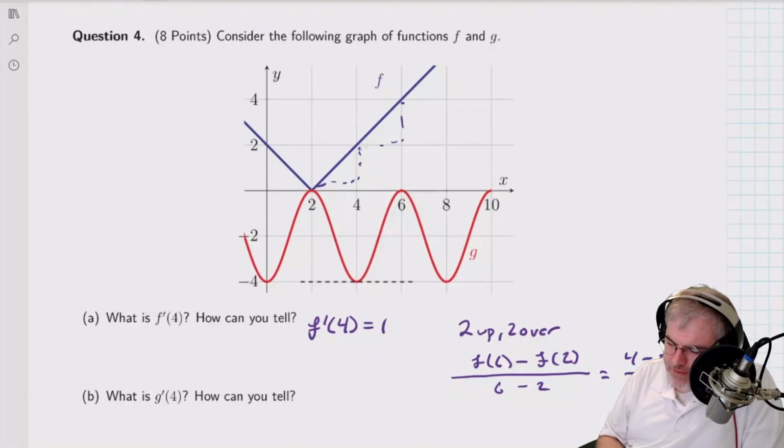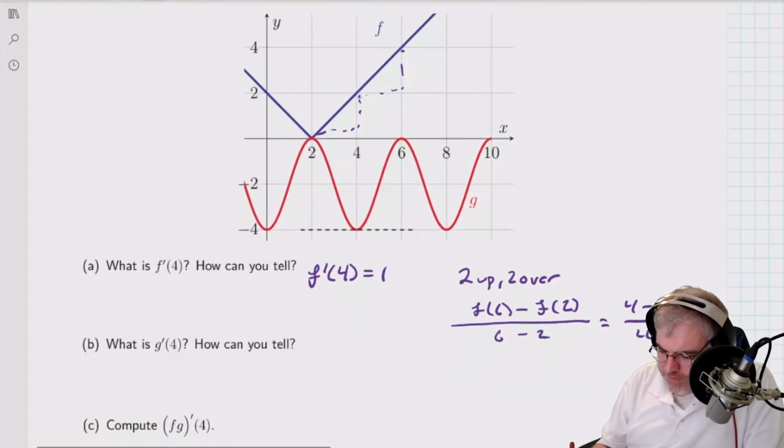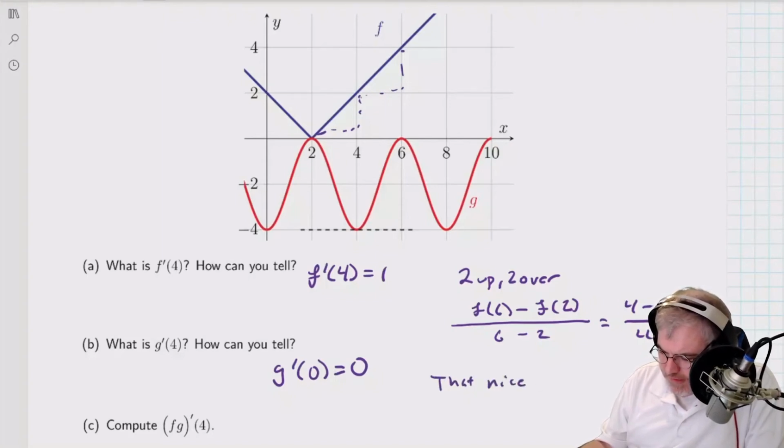All of those are good answers. Pick one. What is g prime of 4? Well, g prime of 4 equals 0. How can I tell? Nice tangent line.